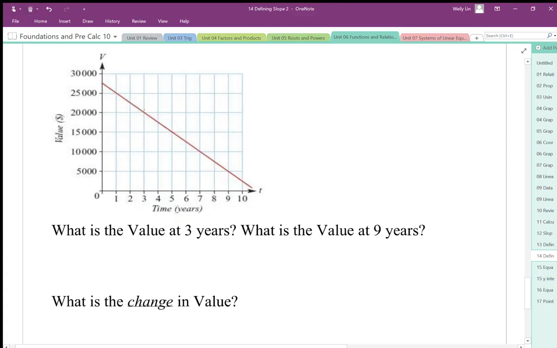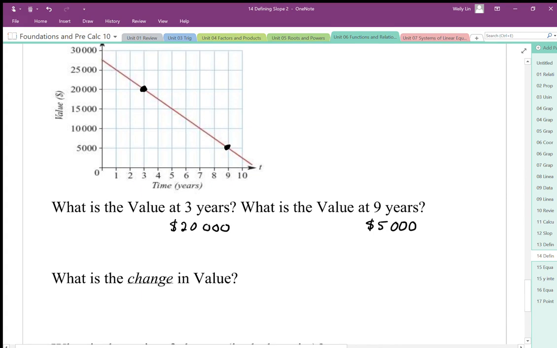We look at the value of this object at 3 years. So the value of that object at 3 years is $20,000. After 9 years, the value of this object works out to be $5,000. So then when we want to work out the slope, we need to know the change in the value.